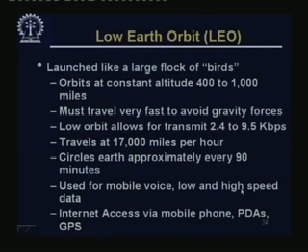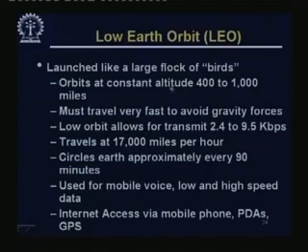And taking it still further down are the low earth orbiting satellites, launched like a large flock of birds. Now, you require a lot of satellites, because each satellite is visible to one particular point on earth only for a very short duration of time.